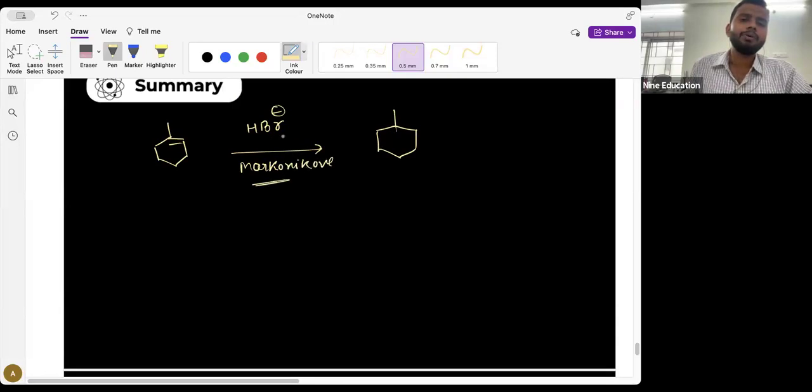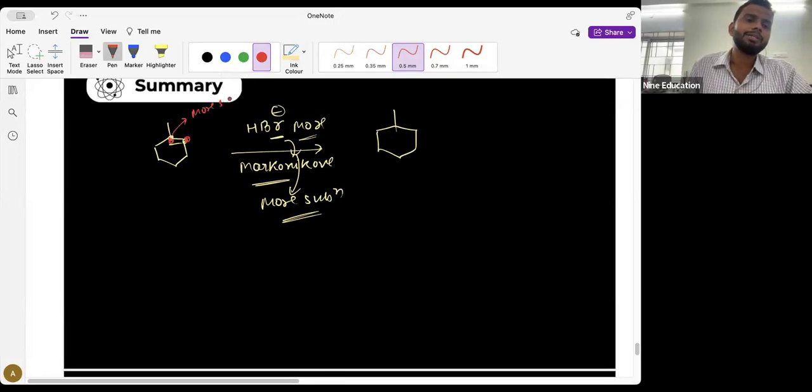Markonikov rule tells more electronegative will come at more substituted side. More वाला more पे, more वाला मोर के ऊपर. So out of these two sides, if I have this side and this side, this one is the more substituted side. Substitution ज्यादा है ना, इसके पास ये भी है, ये भी है, इसके पास तो सिर्फ ये है. दिस कार्बन के पास तो ये वाला substitution है.